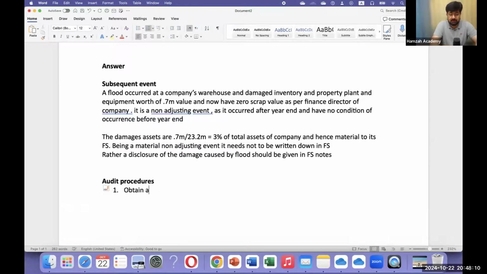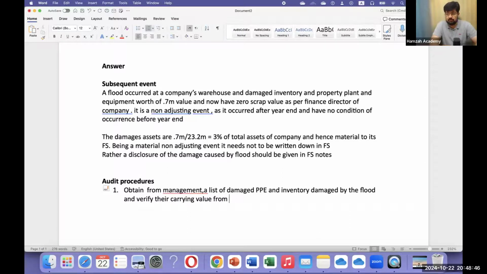Obtain from management a list of the property, plant, equipment, and inventory damaged by the flood, and verify their carrying value from the non-current asset register and inventory record.